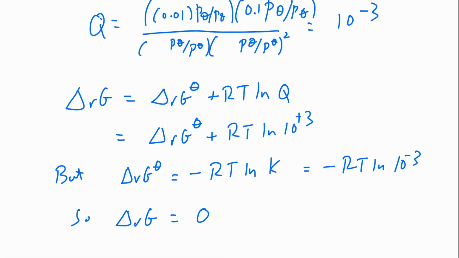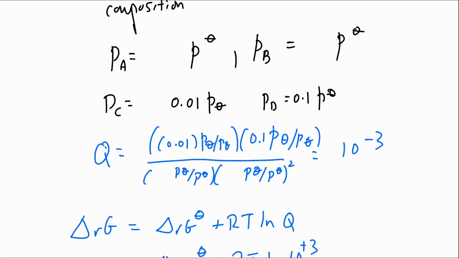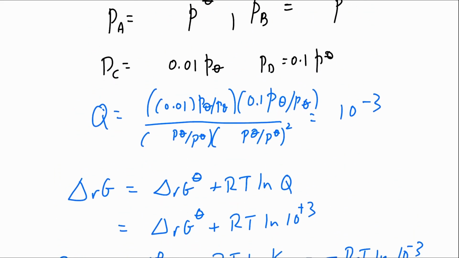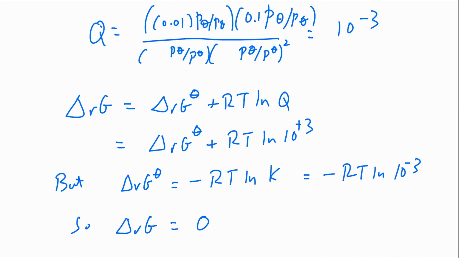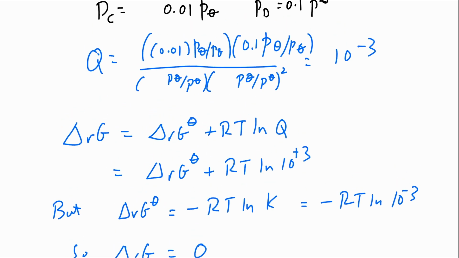So now we proceed. Okay, I think that's right. We have our, oops, apologies for that. This thing is delta G naught plus RT log Q. And I wanted that to be 10 to the minus 3.